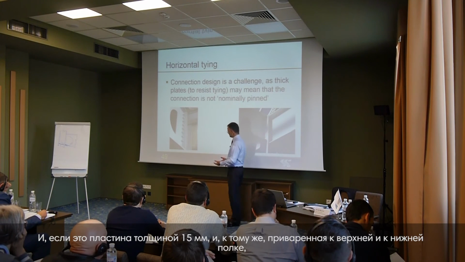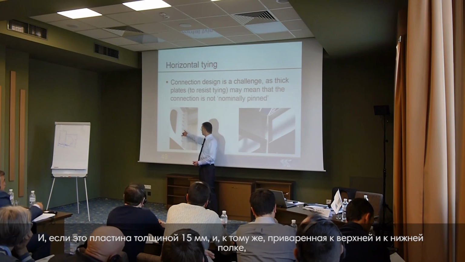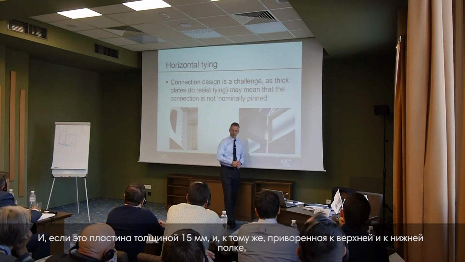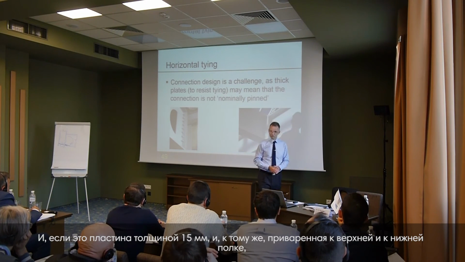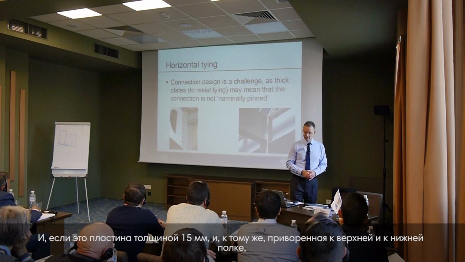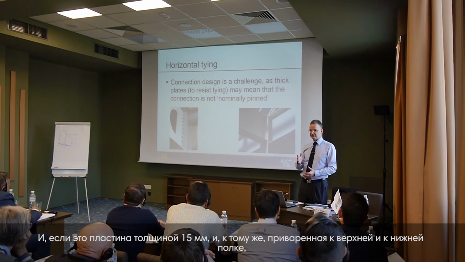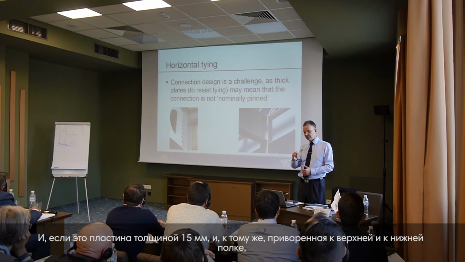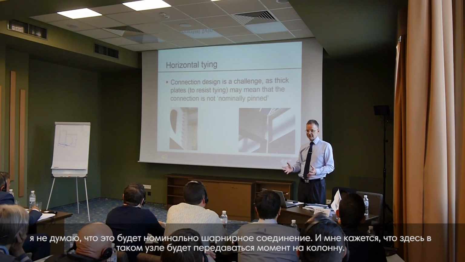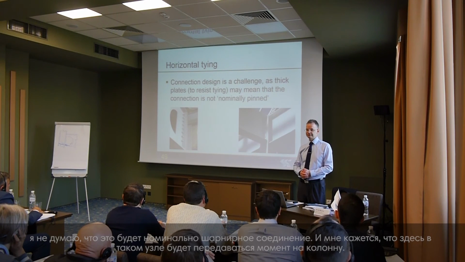And maybe it is 15 millimeters and then welded to the top flange and the bottom flange. But if you weld a 15 millimeter end plate to the top flange and the bottom flange, I do not think that it is nominally pinned. So I think you will be carrying some bending moment into the column.